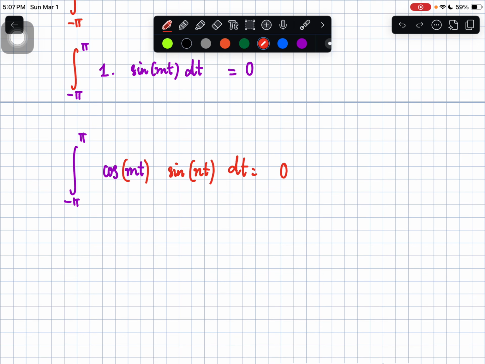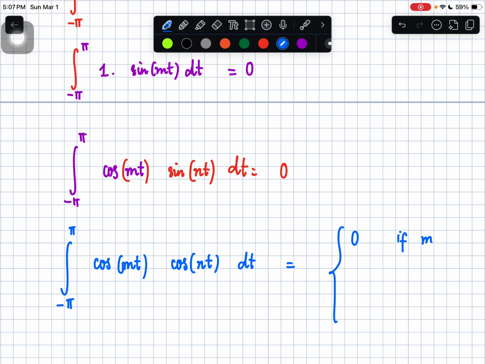Now I can also do the products between cosine and cosine. We have the integral from minus pi to pi of cosine mt and cosine nt dt. We also get 0 if they are two different functions, so if m is different from n.